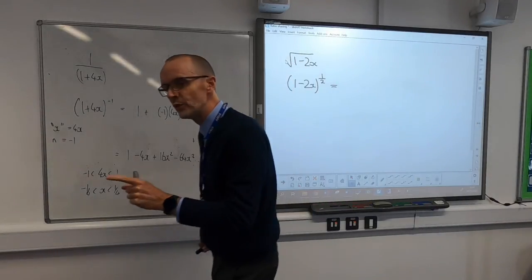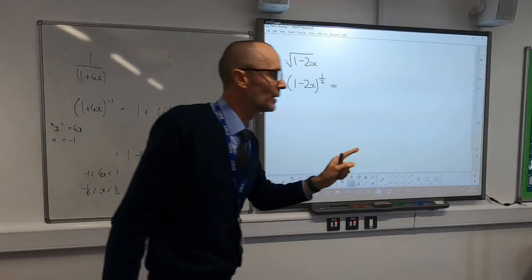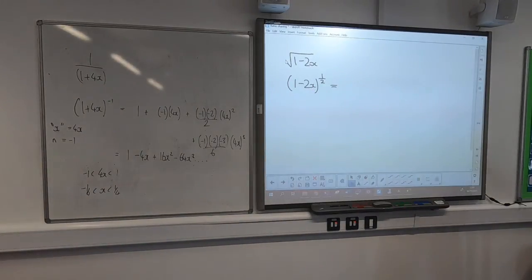So use the same formula. I've got another copy of it if anyone's lost their formula sheet.